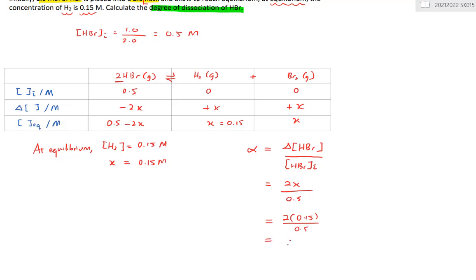And it gives you the value of degree of dissociation, 0.6. So you can see over here the change in concentration of HBr, which means we refer to the row over here. So for HBr, we only take note of the value here, 2x.